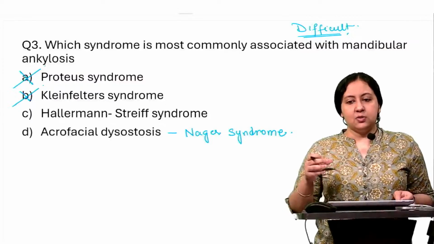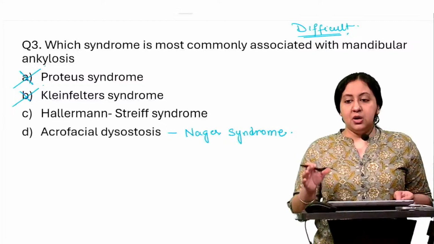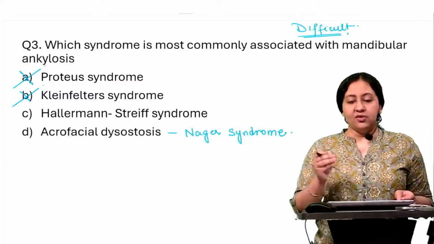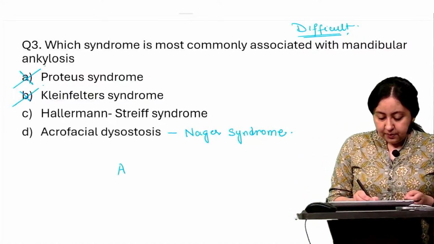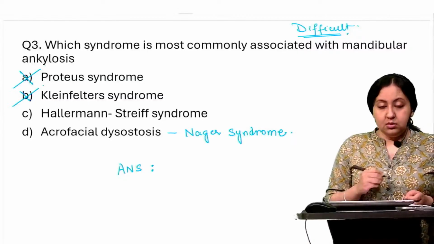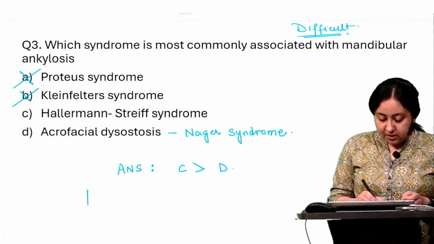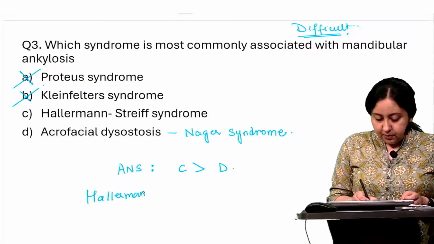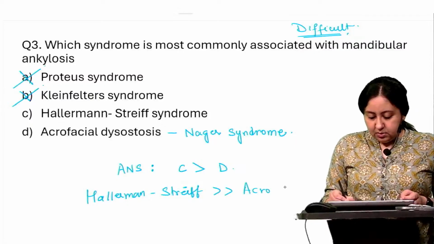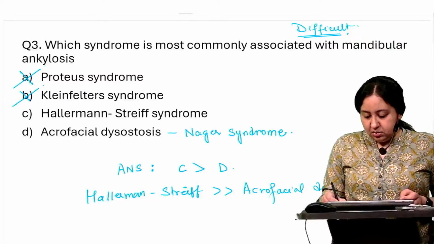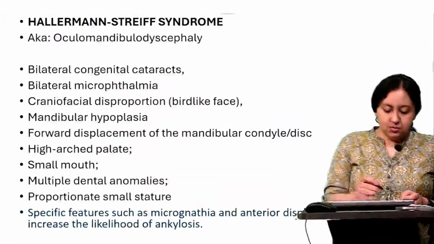However, if we have to choose one between the two, we will give preference to Hallermann-Streiff over acrofacial dysostosis. Now just quickly we'll have a look at Hallermann-Streiff syndrome.